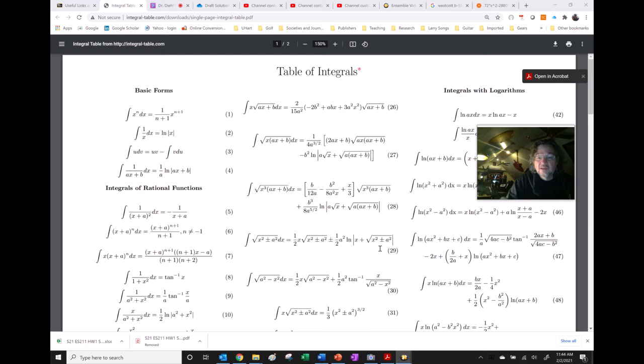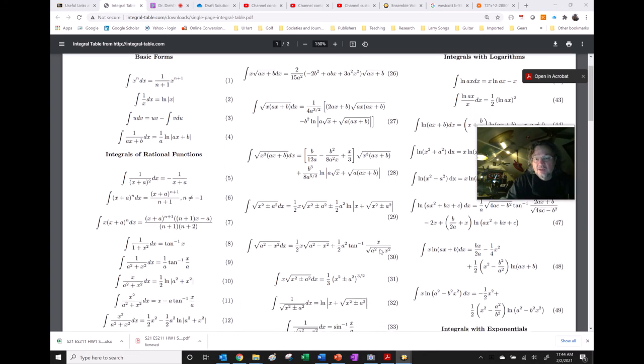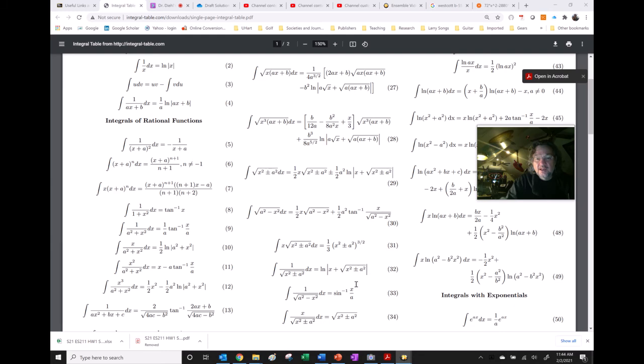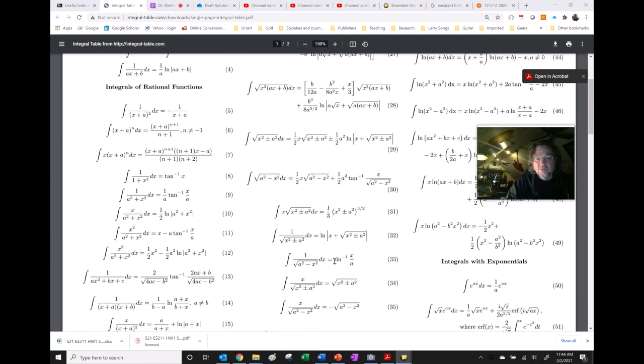No. Trying to find it. There you go, right here. That's an interesting one, that you get the inverse sine of x over a. I would not have had that jump out at me.